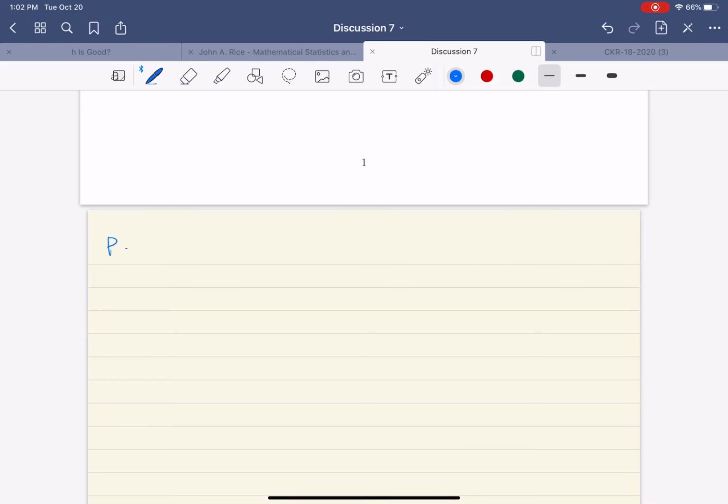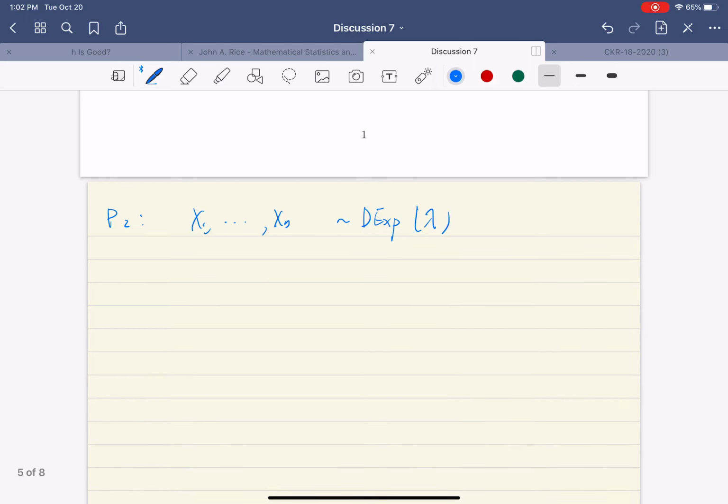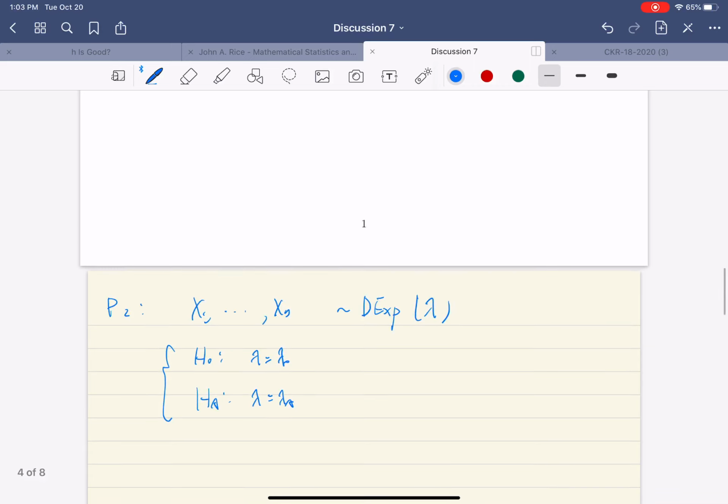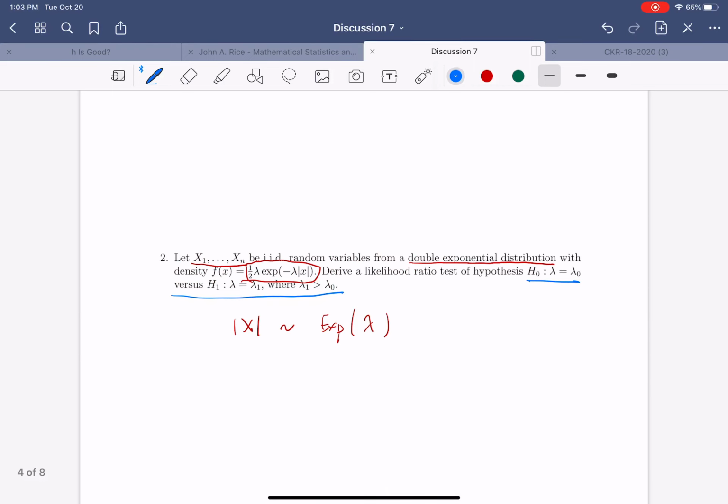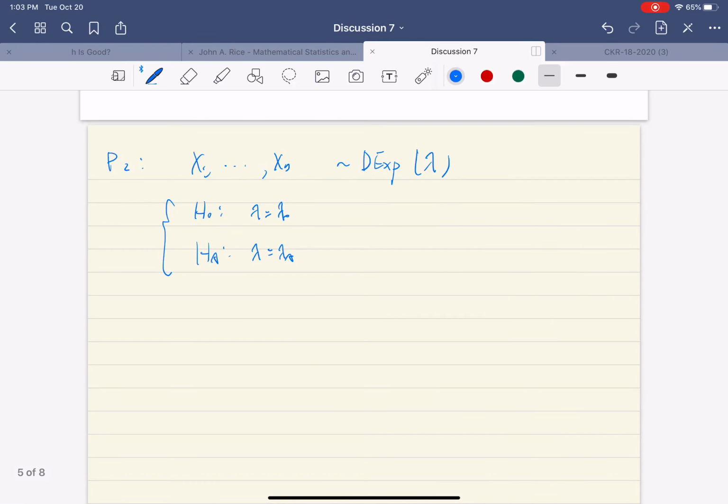So for problem 2, we have X1 to Xn following the double exponential distribution with parameter lambda, and we have to test the null hypothesis lambda equal to lambda 0 against the alternative lambda equal to lambda 1, where we know that lambda 1 is greater than lambda 0.